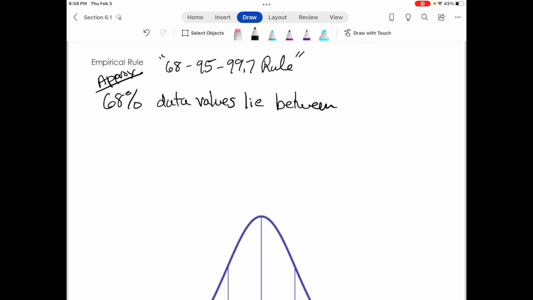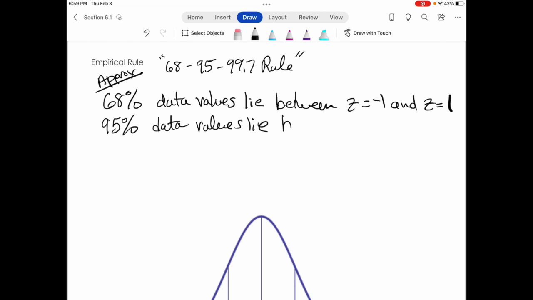lie between z equals -1 and z equals +1, meaning 1 standard deviation out in either direction of the mean. Then we could say approximately 95% of the data lie between z equals -2 and z equals +2.